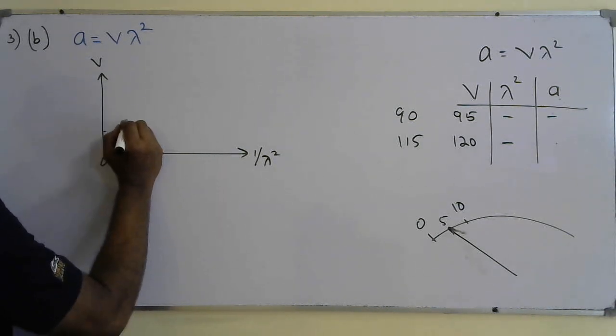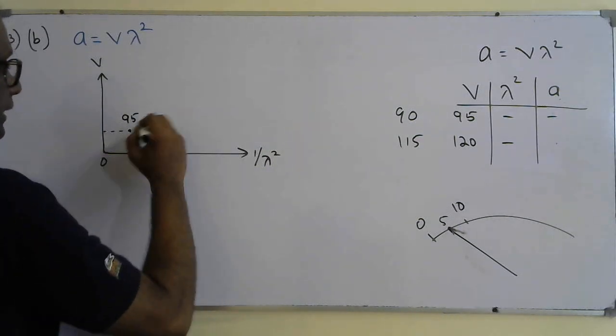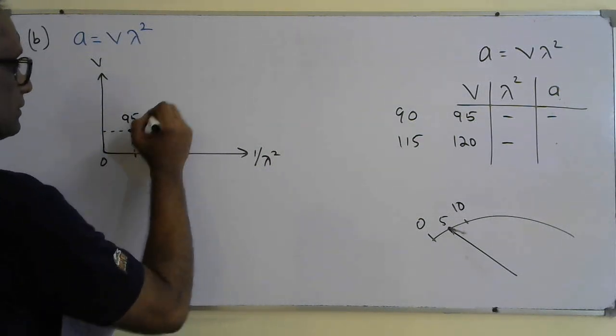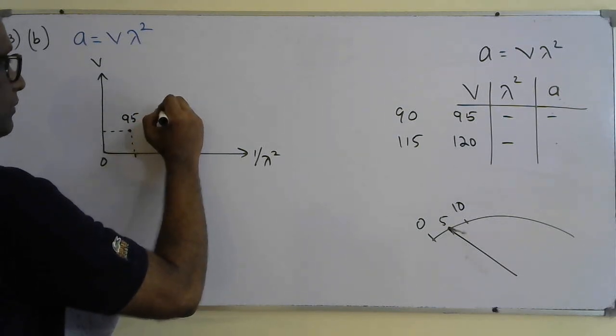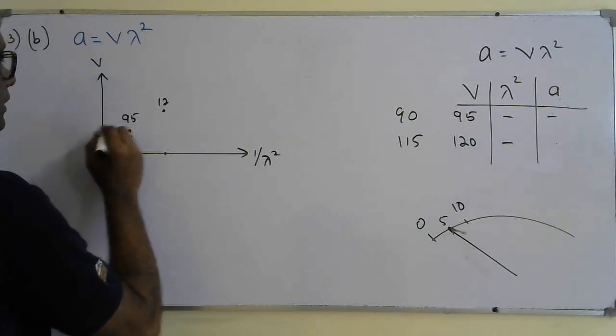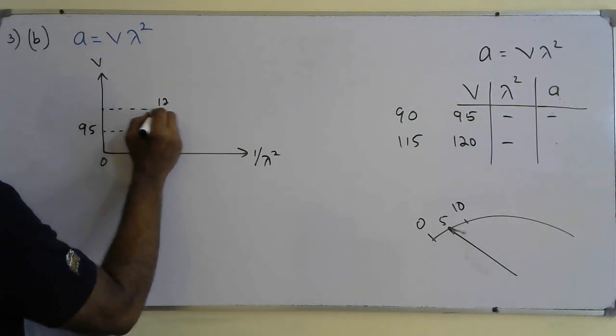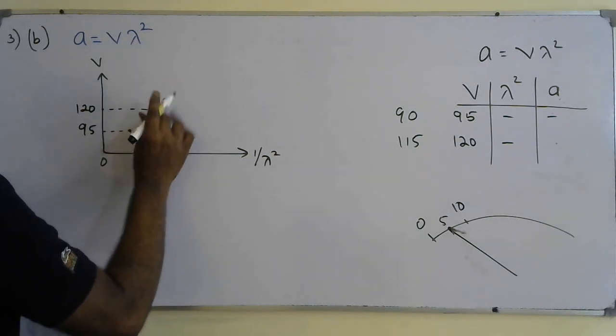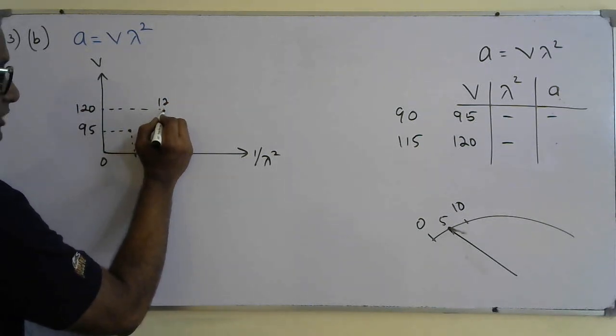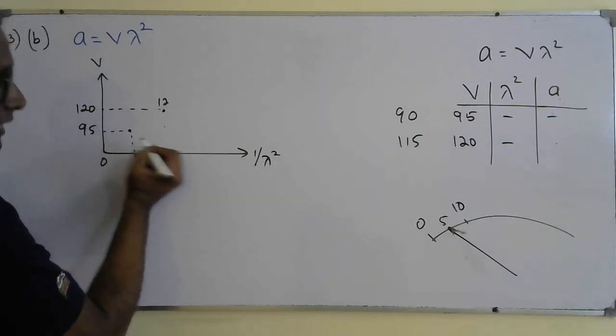You are marking 95, right? Then the next reading, 120. This is 95. This is 120. Actually, it's 115. So it should go down actually.